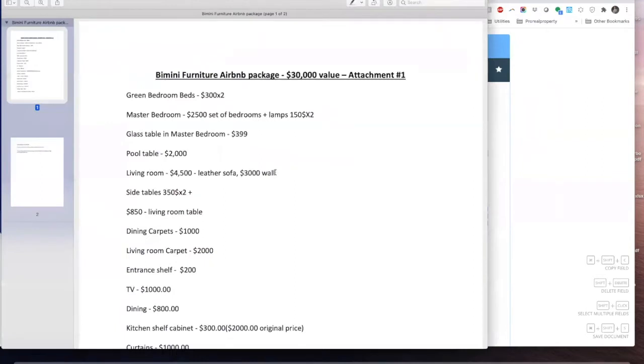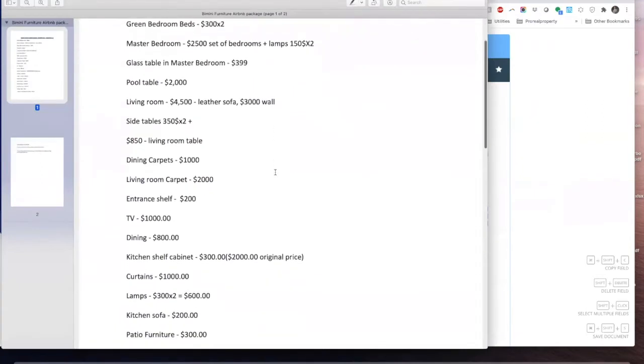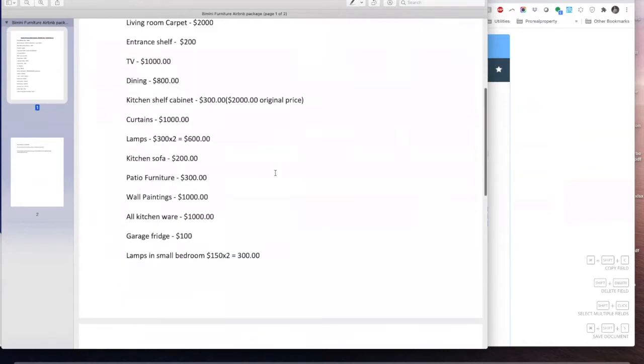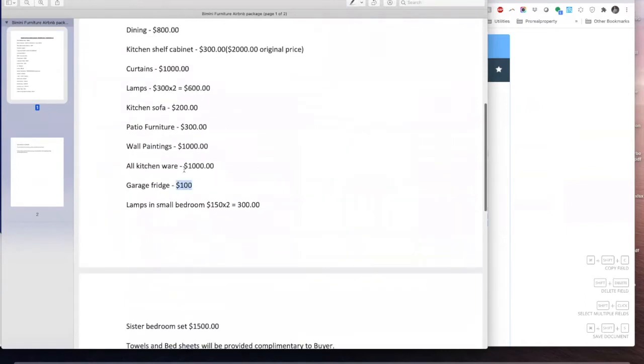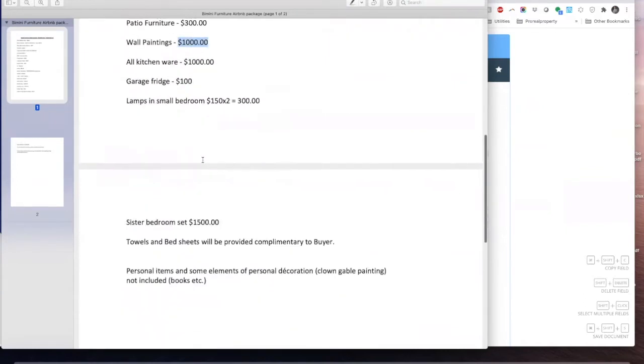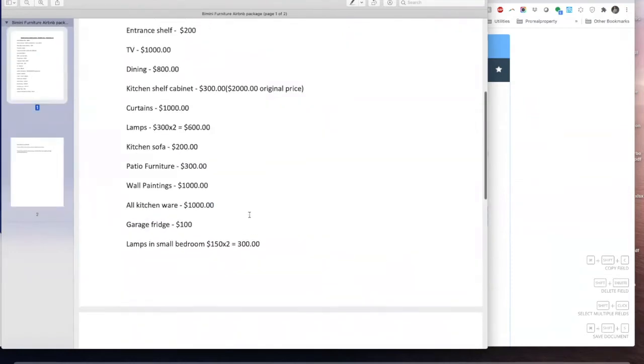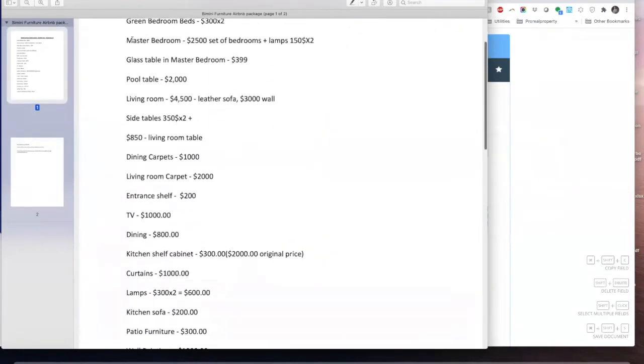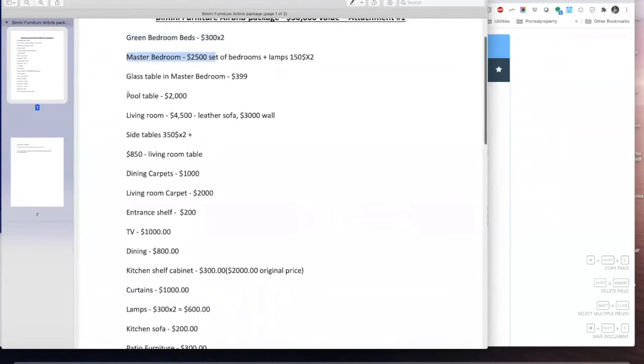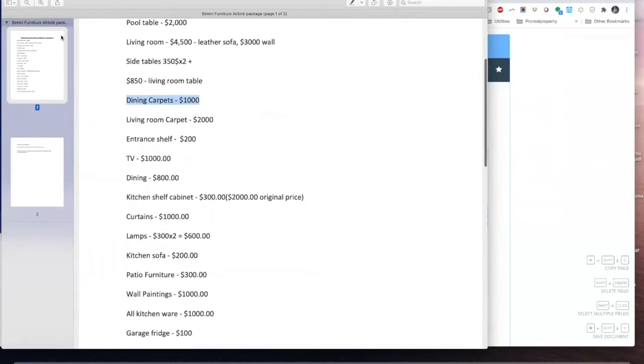That's the list. So you include all the items, and the owner will tell you the approximate price for it. That way you can see approximately what it is. Like master bedroom beds, if there is a pool table, living room, any tables, carpets, etc. All this, item by item.